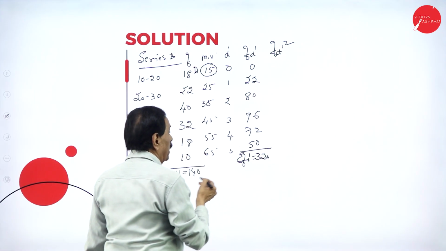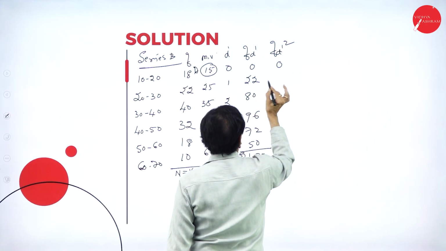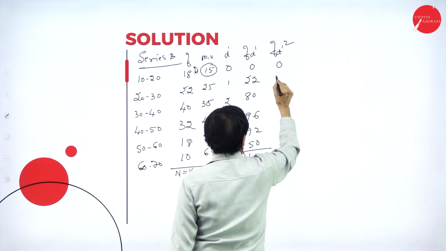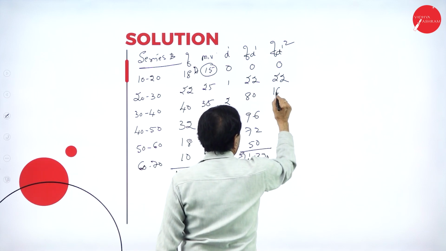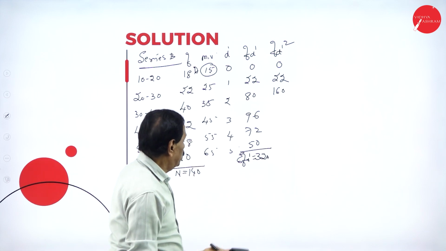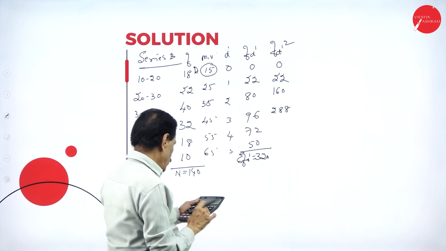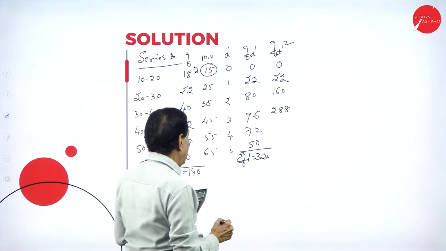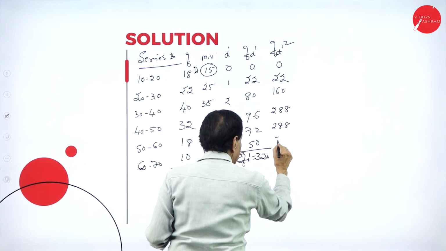ft dash into d dash: 0 into 0 is 0, 22 into 1 is 22, 80 into 2 is 160, 96 into 3 is 288, 72 into 4 is 288, 50 into 5 is 250.